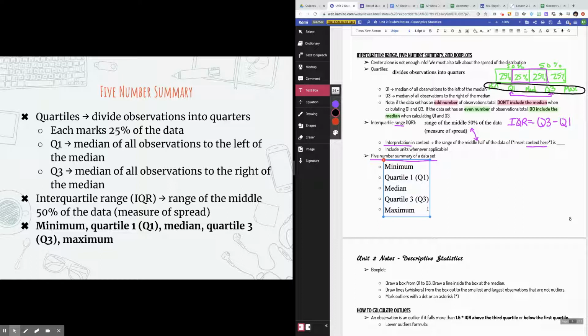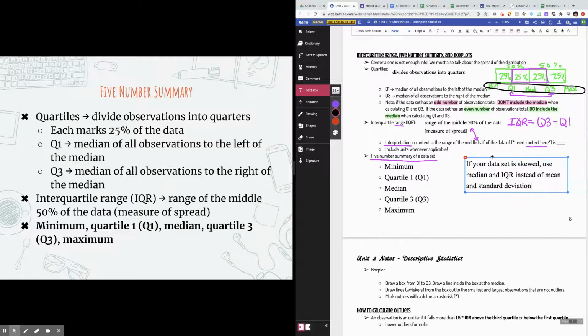So if you have a skewed data set, which I probably should write here for you, if your data set is skewed, use median and IQR instead of mean and standard deviation.